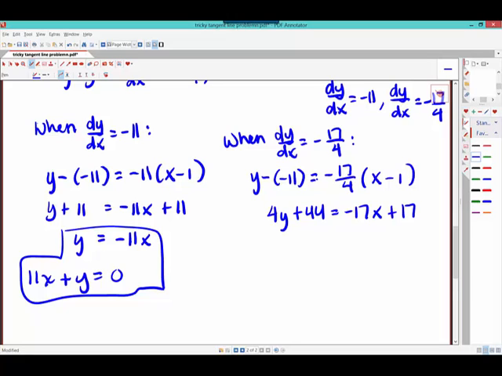And we'd have 4y is equal to negative 17x, and then, let's see, minus 27. And writing it in general form, positive 17x plus 4y plus 27 is 0.